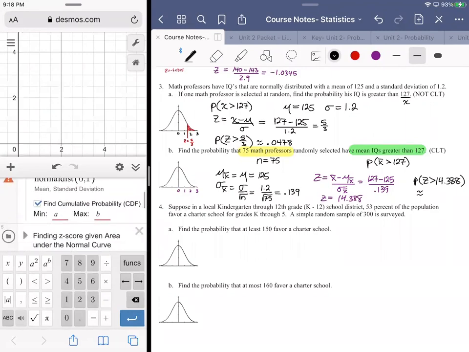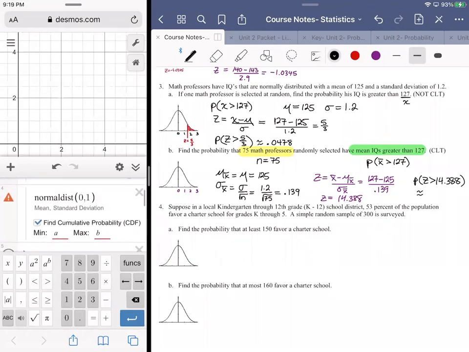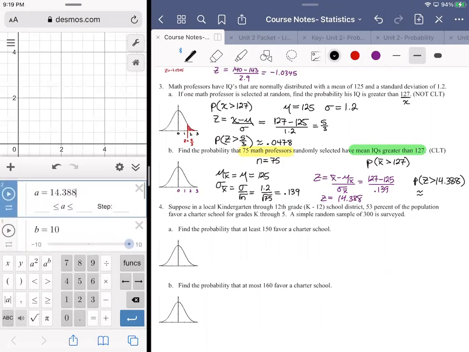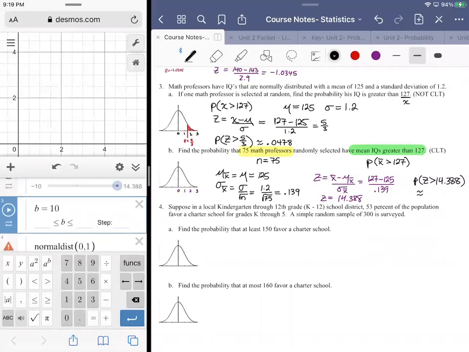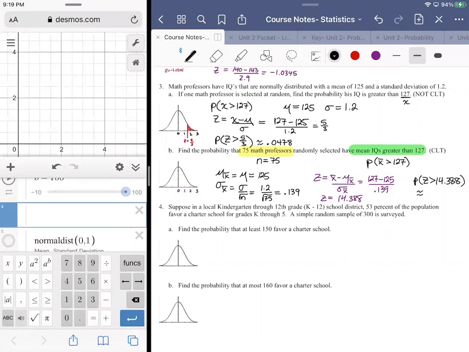Under normal distribution, you see I get that little hazard sign. It's telling me that there's an issue, and that's because my high bound is smaller than my low bound. So my B needs to be something a lot bigger, right? Because 10 is smaller than 14, and it's got to be a max. So I'll make it like 100. Play it safe.